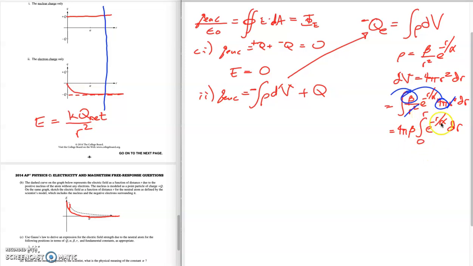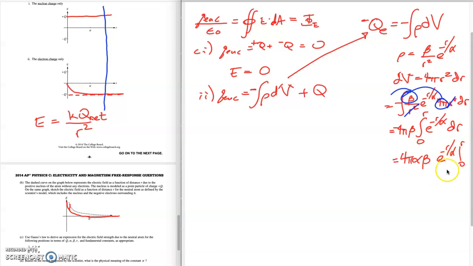And when we integrate this, we're going to have an extra negative sign, which, remember, we should have a negative sign here. Sorry, I dropped it. Negative sign here. We're going to have an extra negative sign. That cancels things out. And we're going to end up multiplying by alpha because we have to divide by 1 over alpha. So this becomes 4 pi alpha beta e to the minus r over alpha. And our limits are going to be 0 and r.